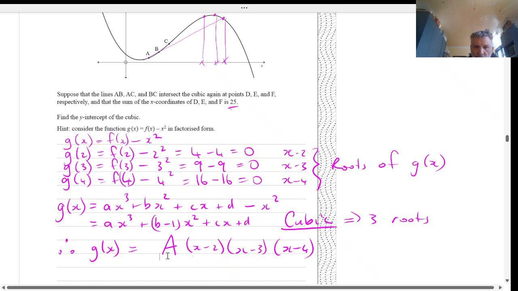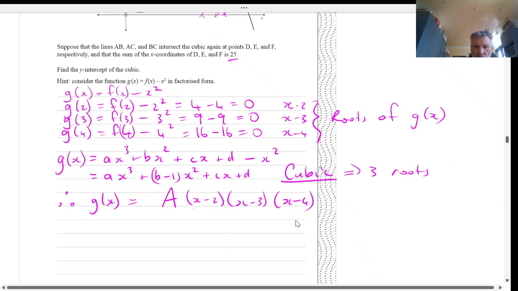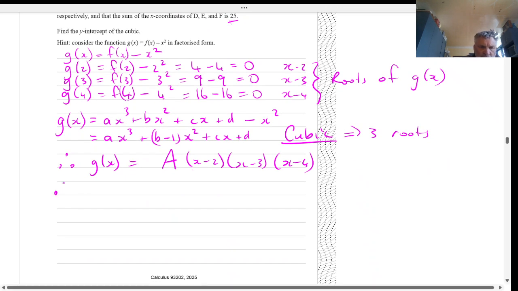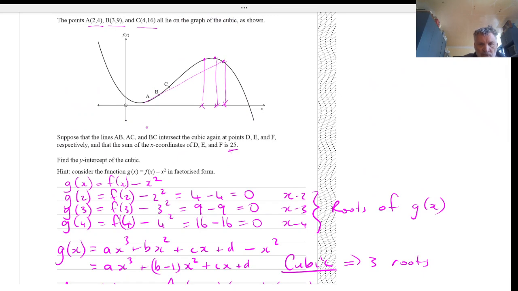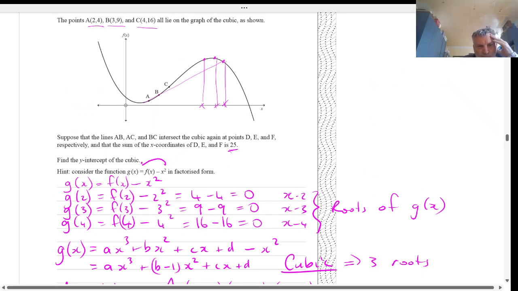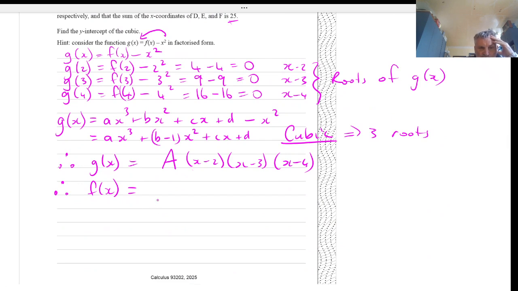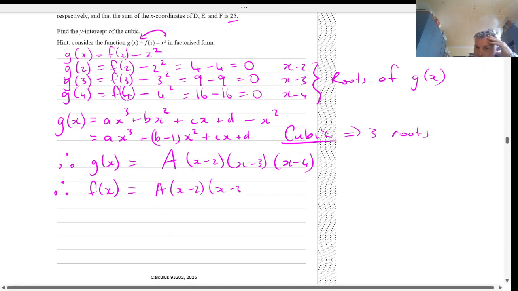So this is an expression for g of x. And therefore from that we can get a different expression for f of x, because just by shifting this x squared onto the other side, we see that f of x is g of x, which we just wrote down, plus x squared.